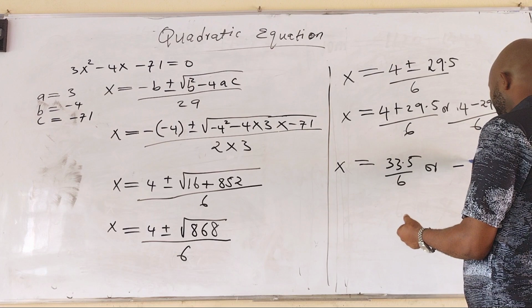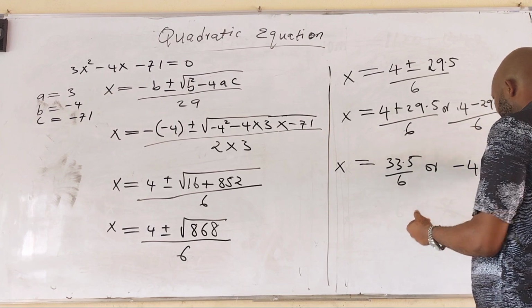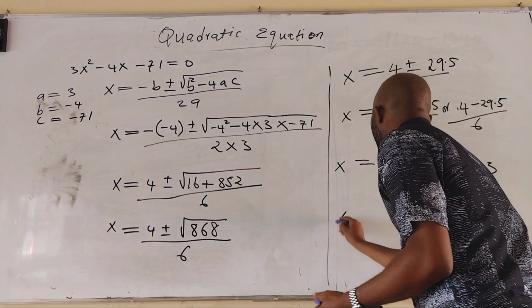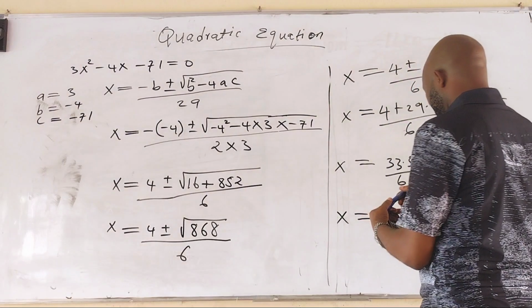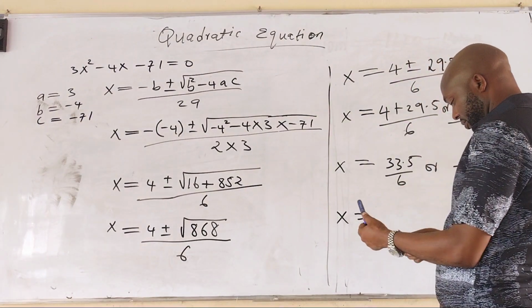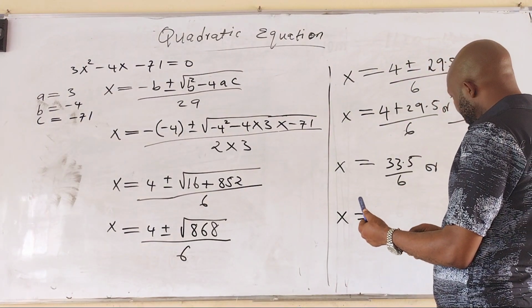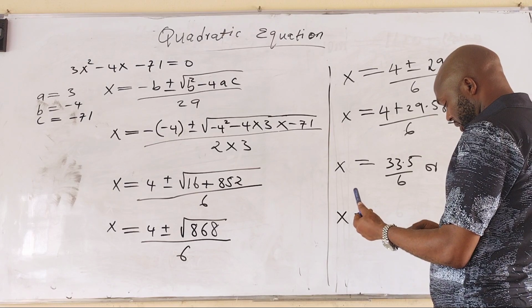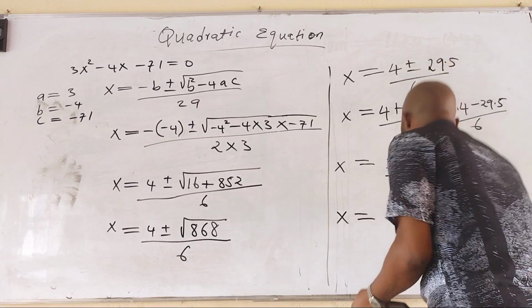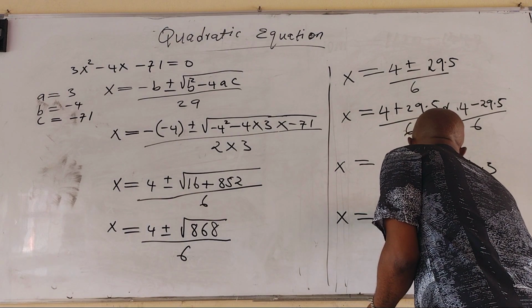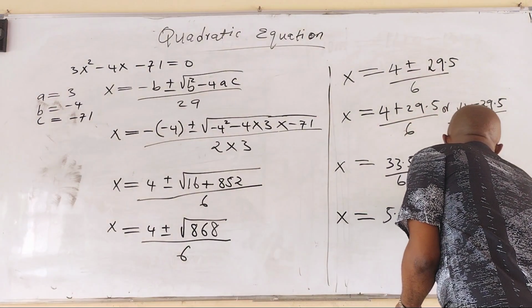So the final answer, minus 4.3. X is equal to 33.5 divided by 6, which is 5.6, or minus 4.3. Here we go.